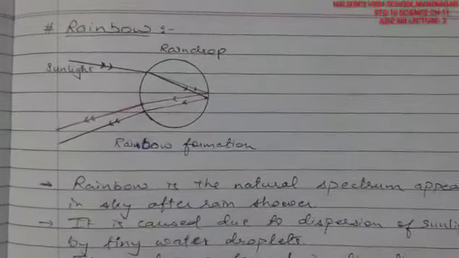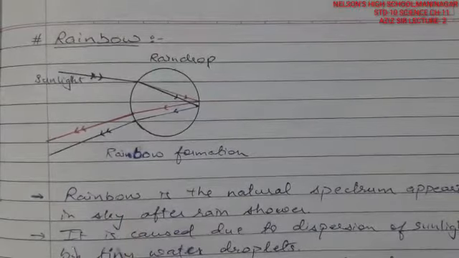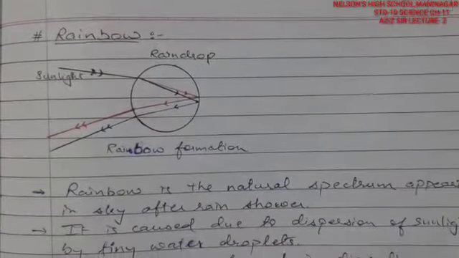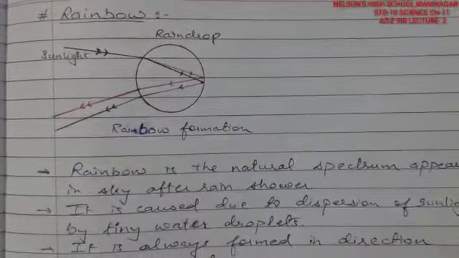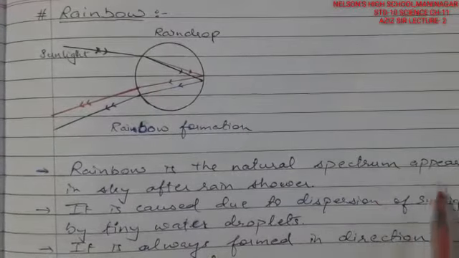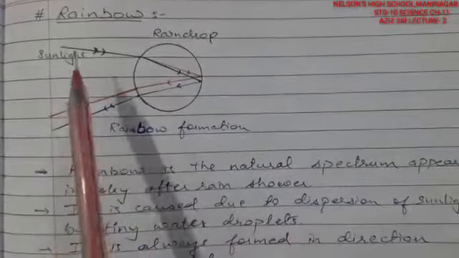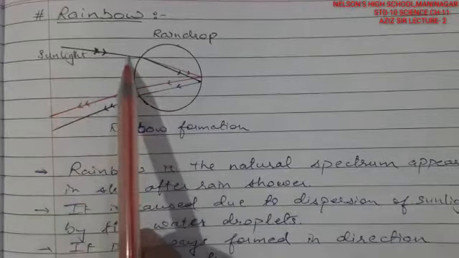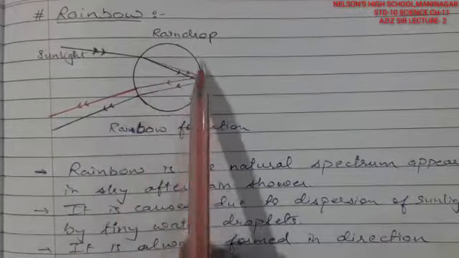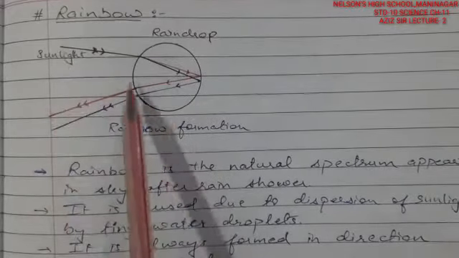With respect to this phenomenon, there is another related topic, rainbow formation. Rainbow formation includes the dispersion of light. The rainbow is a natural spectrum appearing in the sky after rain showers. Here a raindrop is shown by a circle, that is, it's a sphere.